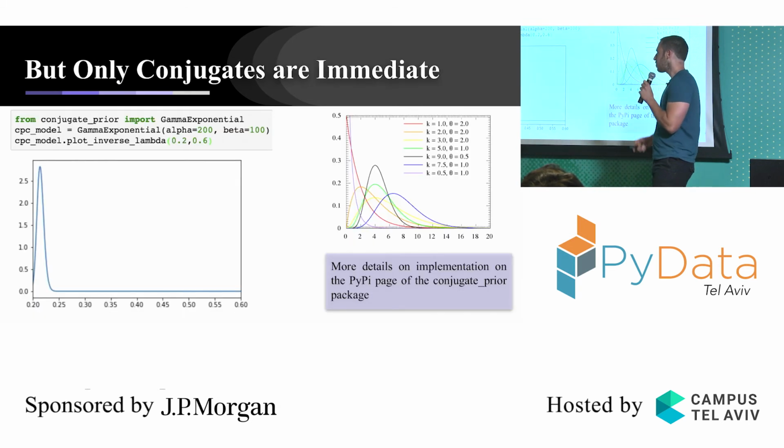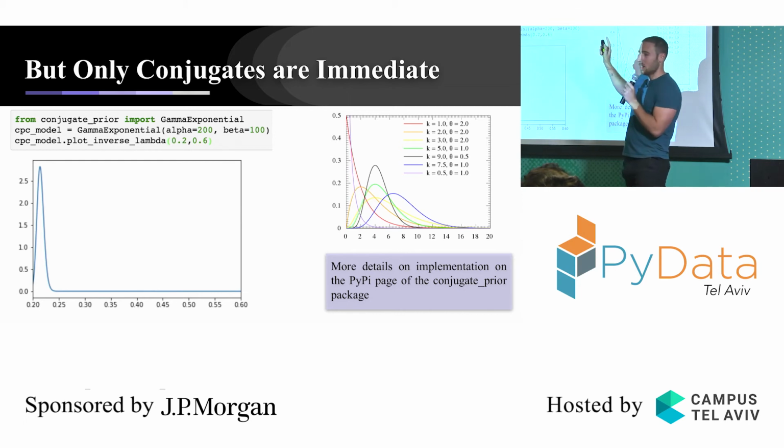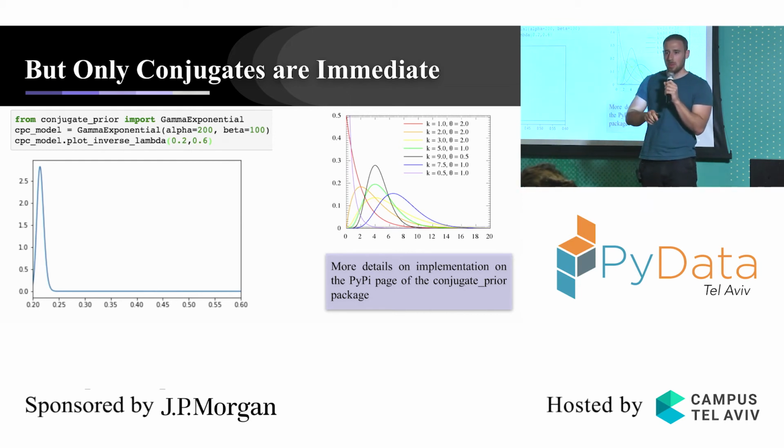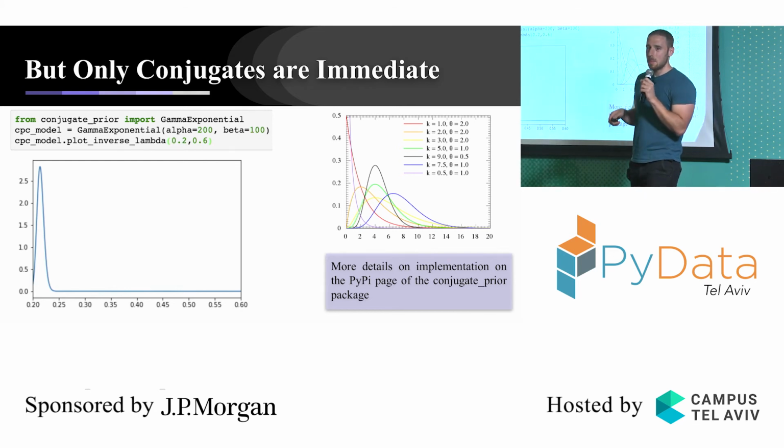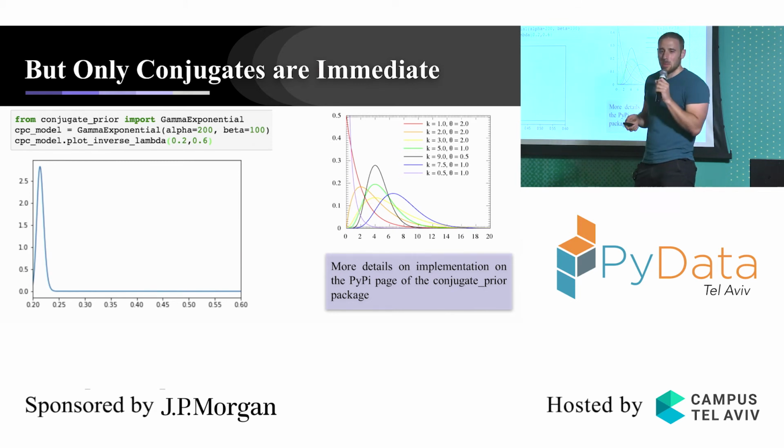So if we choose a conjugate distribution, now for those who never heard about Bayesian statistics, a conjugate distribution means that we have a closed form formula. So it's just a formula that we can substitute in, and we don't need to run any simulations. It's cheaper, basically, and easier.